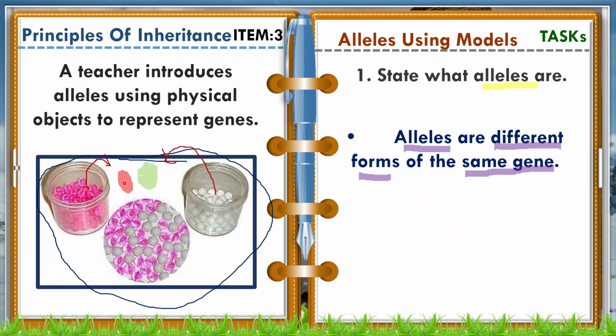This is an allele of the gene of skin color, and this is an allele of the gene of skin color. They are all the same gene because they determine the color of the skin, but they are in different forms. So that's what we call alleles. Alleles are different forms of the same gene.